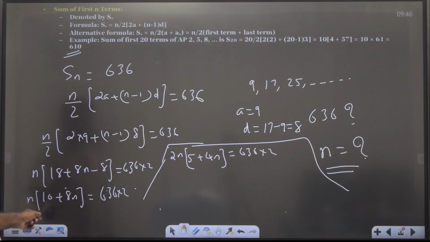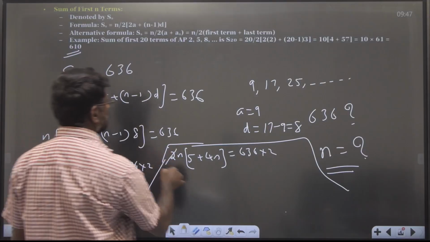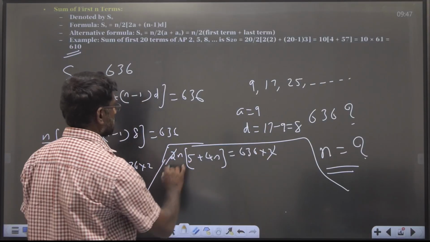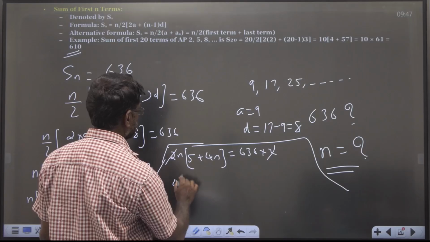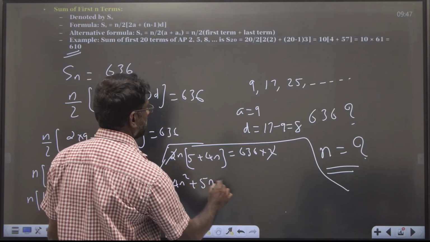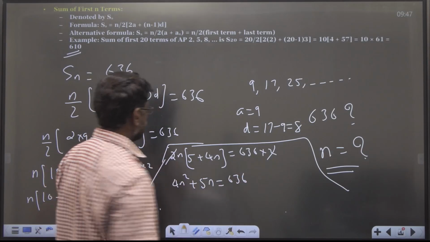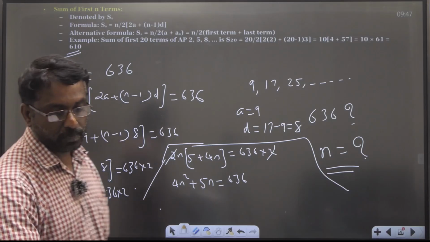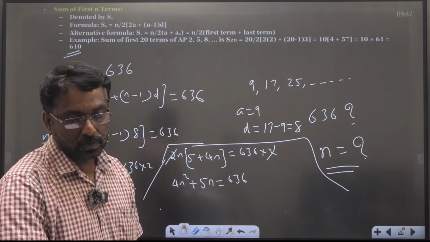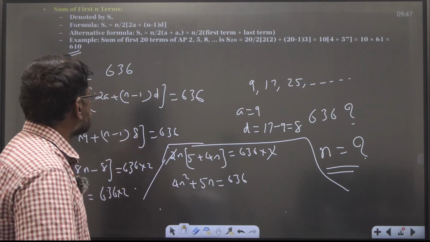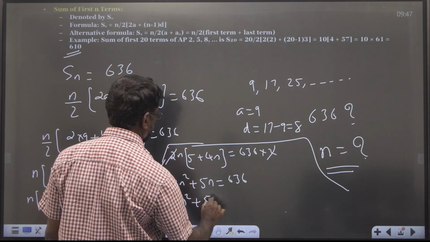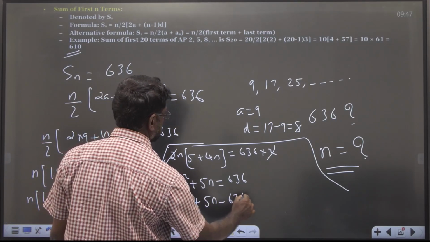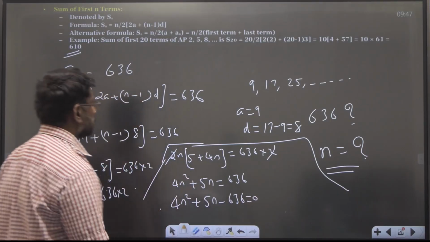Take 2 to the left hand side. 2 is the common factor, 2 into 5 plus 4n. We can cancel the 2 with the like term, multiply with n. 4n square plus 5n is equal to 636. That is 4n square plus 5n minus 636 equal to 0.